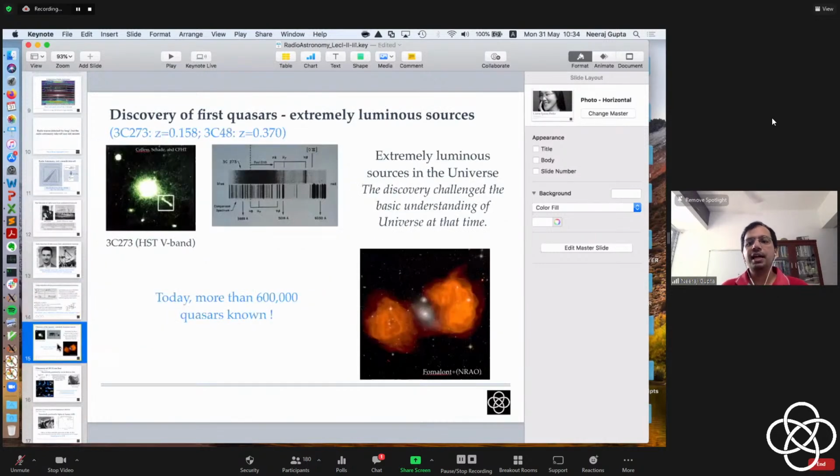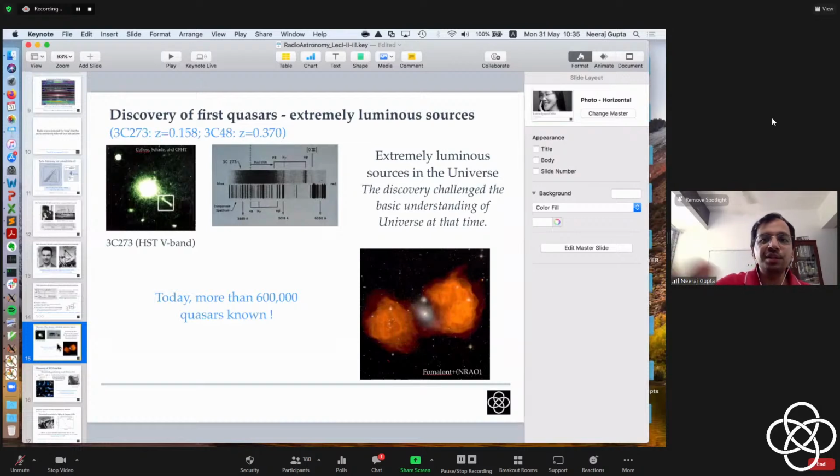So let's start with AGNs and quasars. Quasars, the most powerful type of AGNs. You know how quasars and AGNs radiate: they have a supermassive black hole in the center of the galaxy, and that's accreting matter, and that gravitational energy is then converted into huge amounts of radiation, and that's how we see these AGNs.